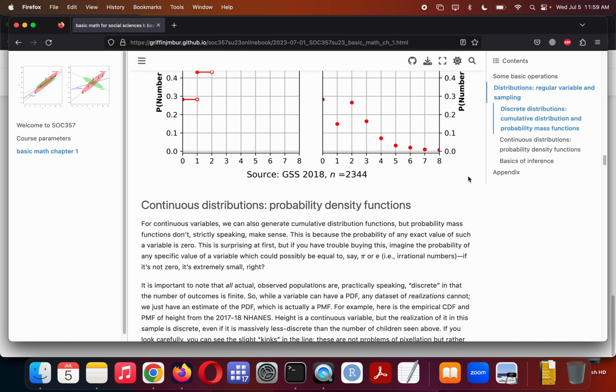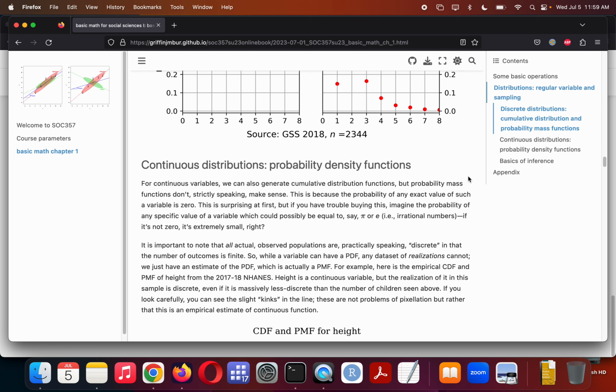Okay, so that's different with continuous variables because, as mentioned before, if you could have any value of the variable, and in principle the only limit is measurement, then you actually don't have a way to assign probabilities to any particular value of the variable. Technically speaking, they're all probability 0.